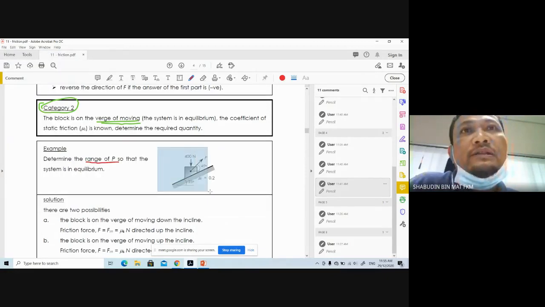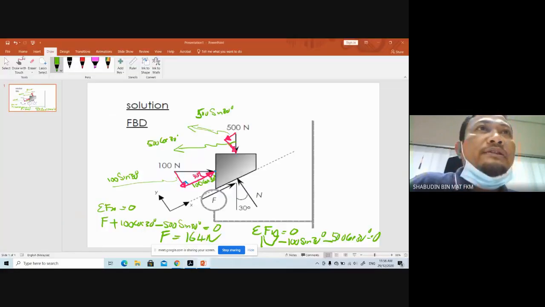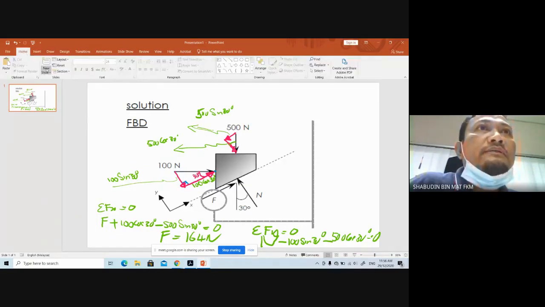Category 2 is the simplest part, and it's famous for us to test you in the examination. Insert, home, new slide.